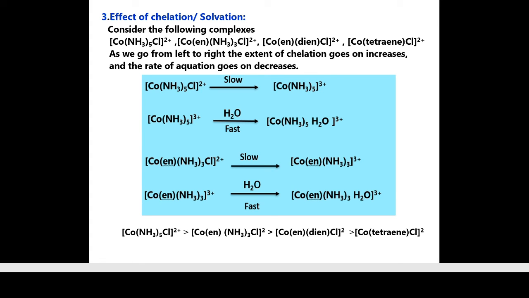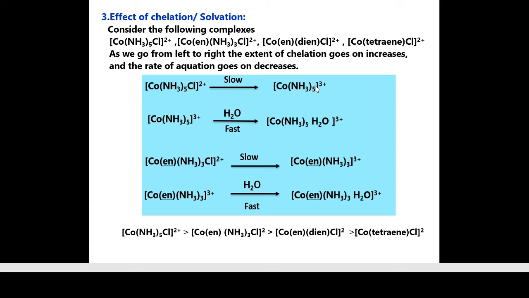As the size of this intermediate is bigger, it is stabilized by hydration to a lesser extent as compared to this one, because the smaller intermediate has a greater extent of hydration.